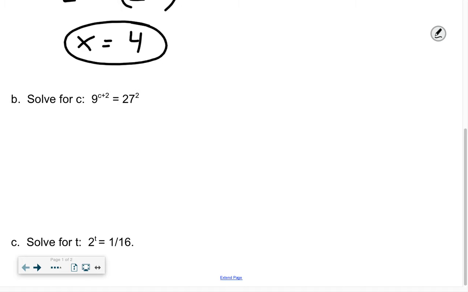9 raised to the c plus 2 is equal to 27 raised to the second.